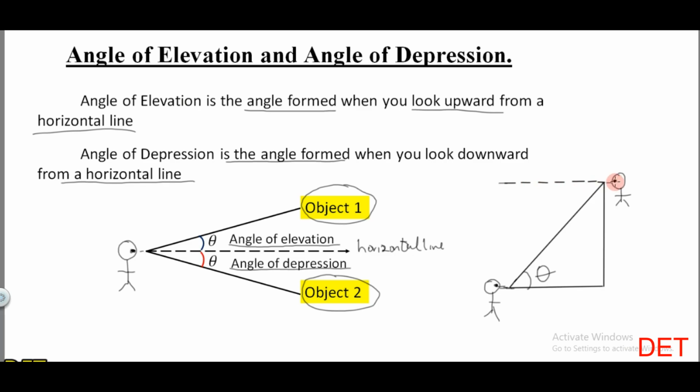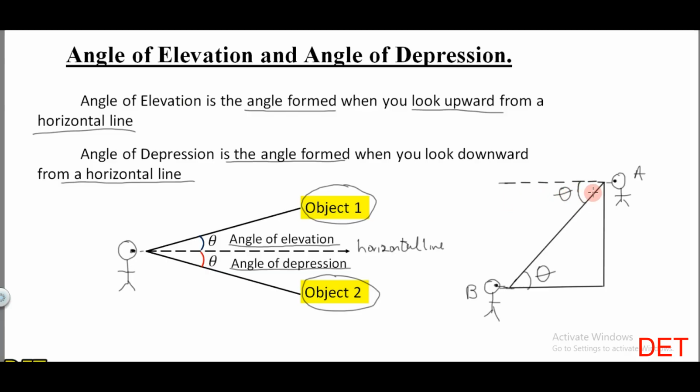So when this person A now looks at another person B, so let's say this person is B, this person is A, when person A looks away from this horizontal line downward in order to look at person B, that angle that is formed as he looks down from this horizontal line is referred to as what? The angle of depression.